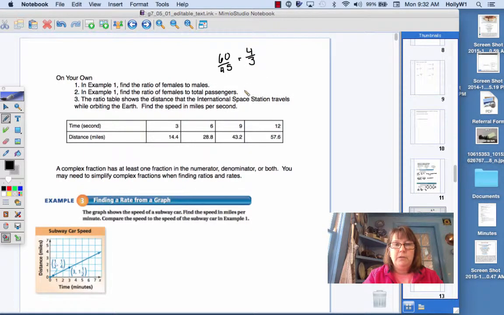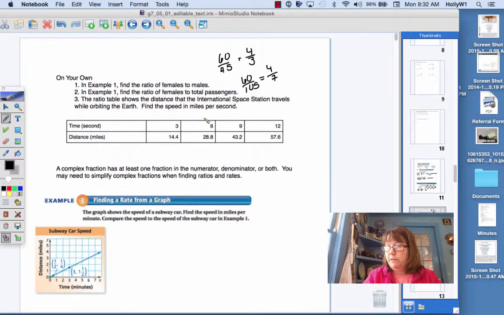And finding the ratio of females to total passengers, there are 60 females. To figure out how many total passengers, you just add the number of males and females, and we end up with 105. And we can simplify that down to 4/7, because both are divisible by 15.